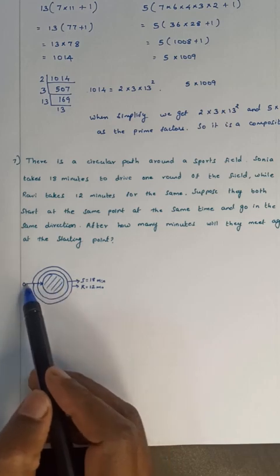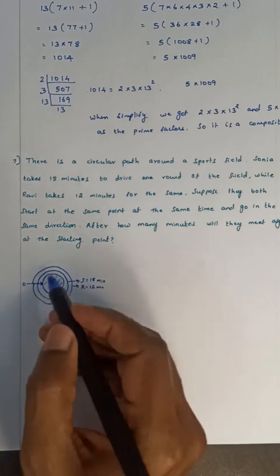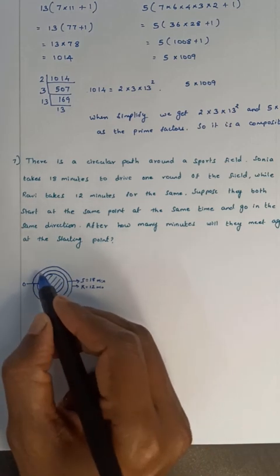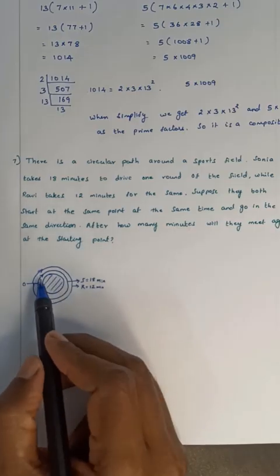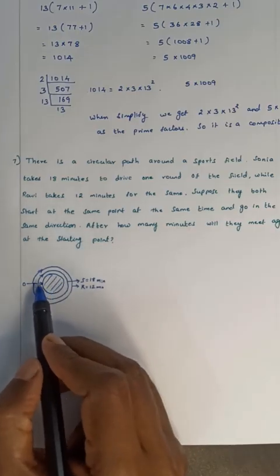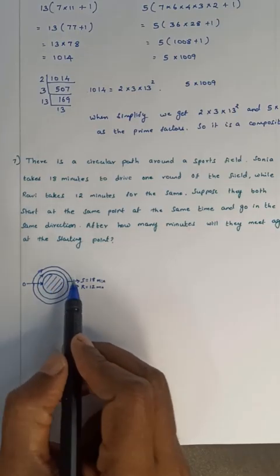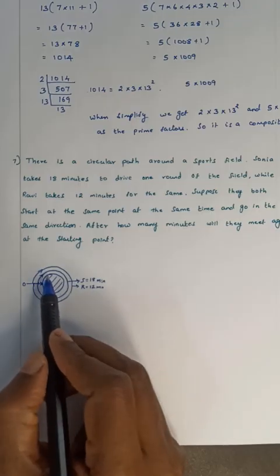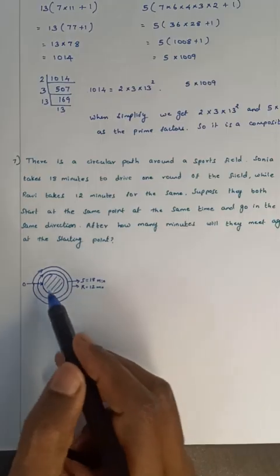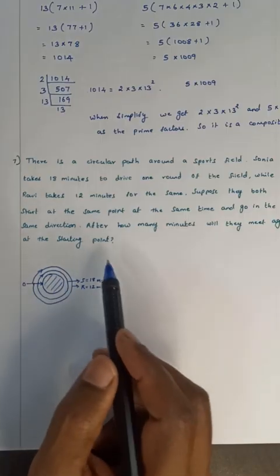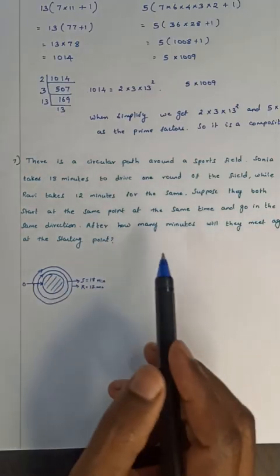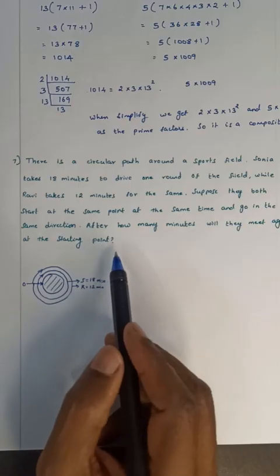The starting point I represent as O. Both Sonia and Ravi start in the same direction and at the same time. Sonia takes 18 minutes to complete one round and Ravi takes 12 minutes. After how many minutes will they meet at the starting point?